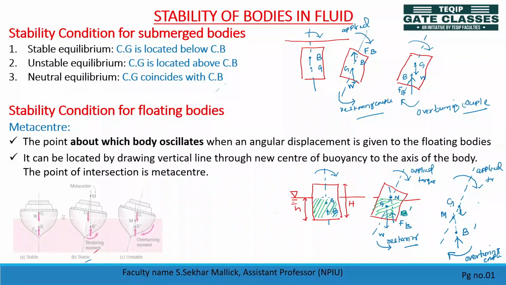Okay, see this, when the metacenter is above the center of gravity, there will be a restoring moment and the body will be in stable equilibrium. When the metacenter lies below the center of gravity, there will be an overturning moment and the body will be in unstable equilibrium. And when the metacenter and center of gravity coincide, the body will be in neutral equilibrium. Okay, fine. Can we move to the next slide?